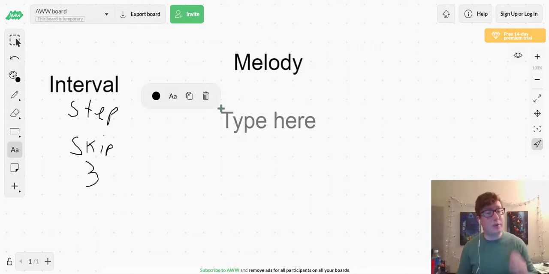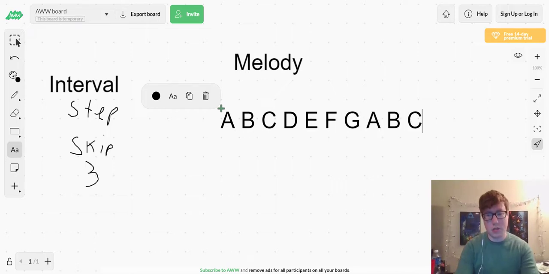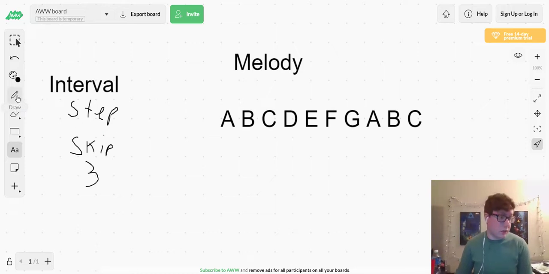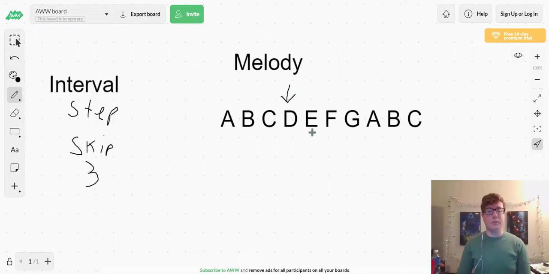Alright, so we're talking about a third right now. Just like our steps, our skips follow the musical alphabet. A, B, C, D, E, F, G, A, B, C, D, E, F, G. Alright, let's say we are starting on the note D. Well, that's going to get the number 1. Whatever note you start on is number 1.